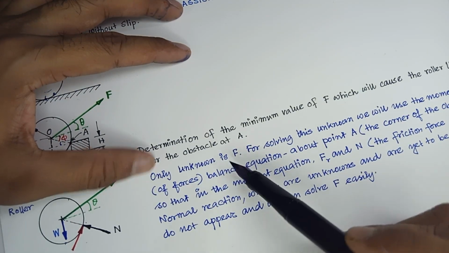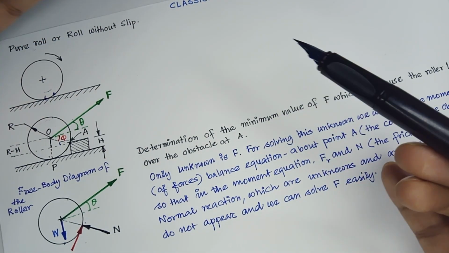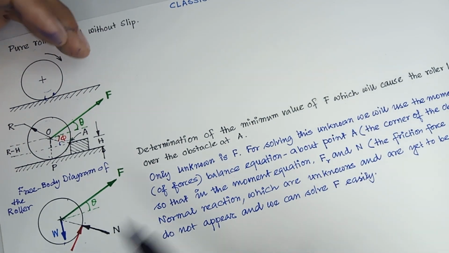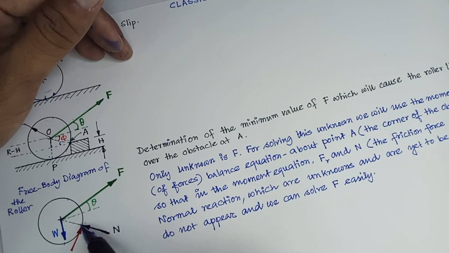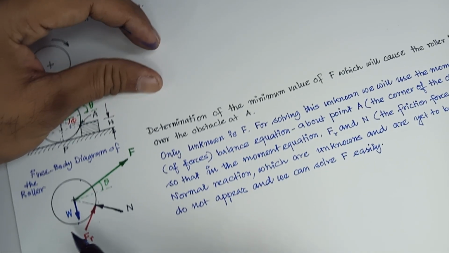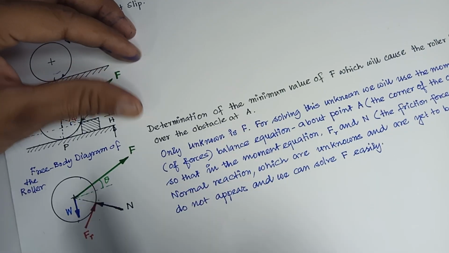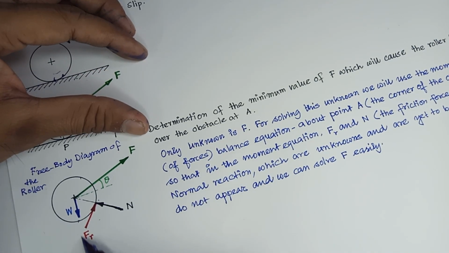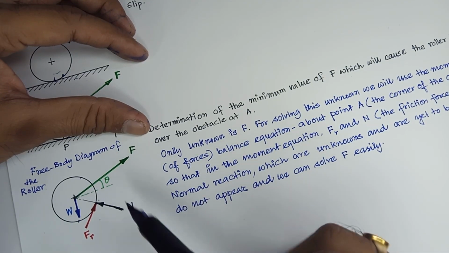Only unknown is F here, that means if I want to understand the requirement from this problem, it is asked what is this force, so these are not asked here. If we try to see from that point of view, the only unknown is F, but definitely these are also unknowns, right? But we are going to solve for this only.